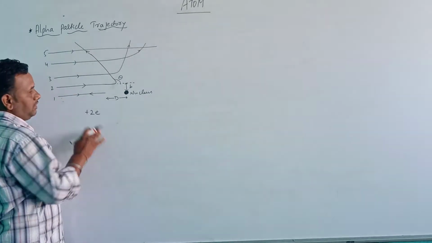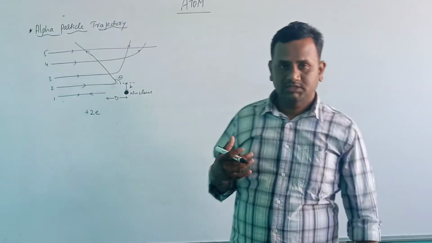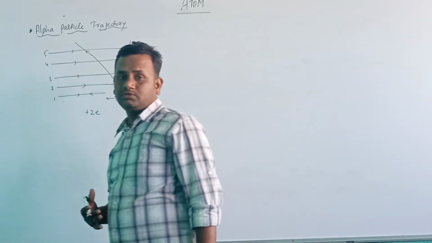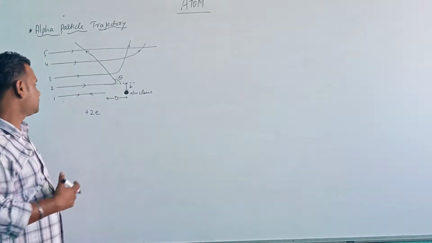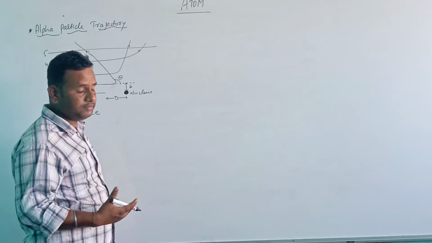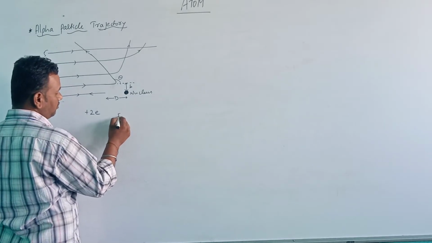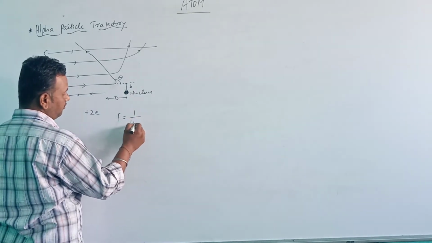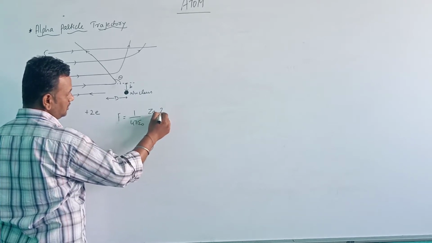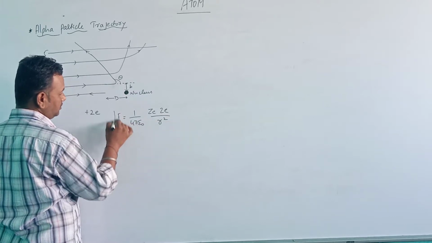When any alpha particle is traveling at a distance r, its electrostatic repulsion due to the nucleus can be written as F equal to 1 by 4 pi epsilon naught times Ze times 2e divided by r square.